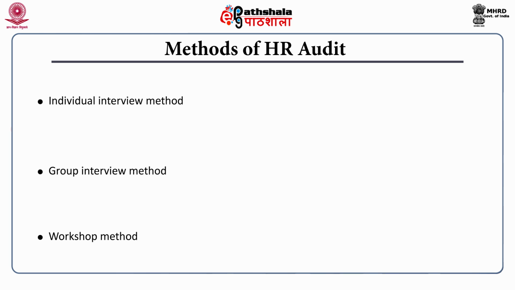Group interview method involves the top management and senior HR professionals, and the interviews would help in gauging relevant information for the audit. The workshop method, as the name suggests, involves conducting a workshop to know more about the HR system in an interactive manner, and it also helps to incorporate or suggest changes.